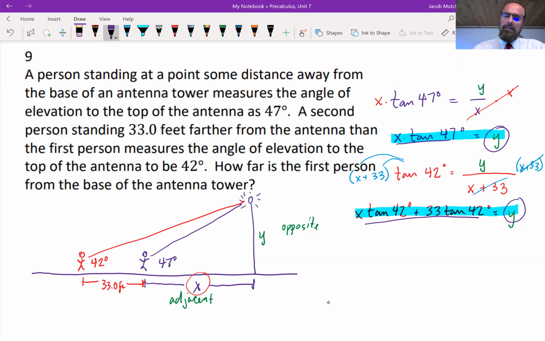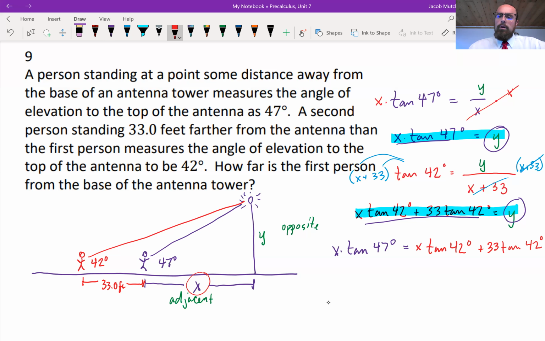So now what we've got is x times tangent of 47 degrees equals x times tangent 42 degrees plus 33 times tangent of 42 degrees.